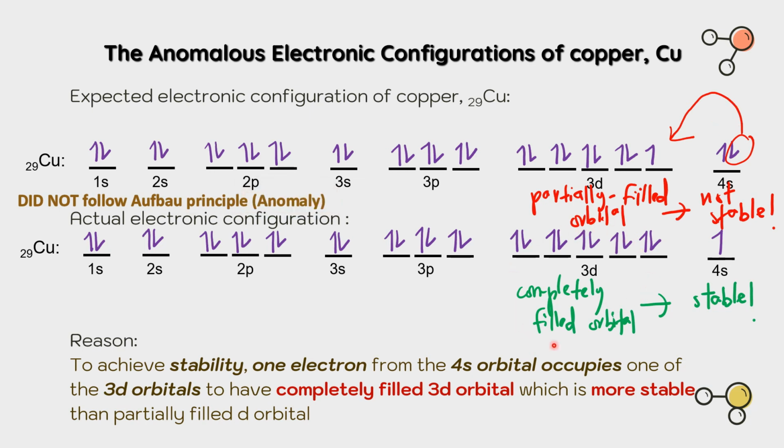So this completely filled orbital in the actual electron configuration is more stable than the partially filled orbital in the expected electron configuration. This is the reason for the anomalous electron configuration of copper. The main reason is to achieve stability in its electronic configuration, so the actual configuration will be inconsistent with the Aufbau principle.